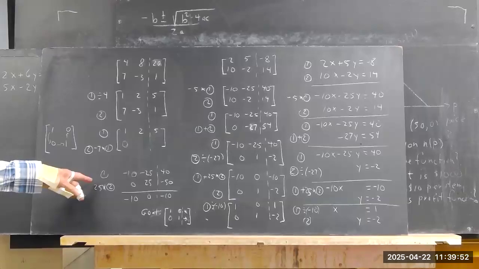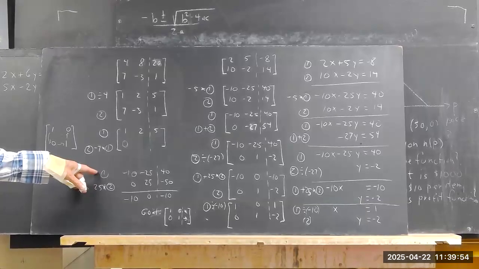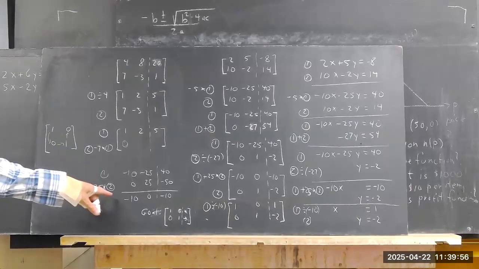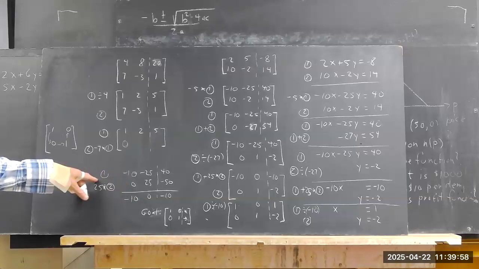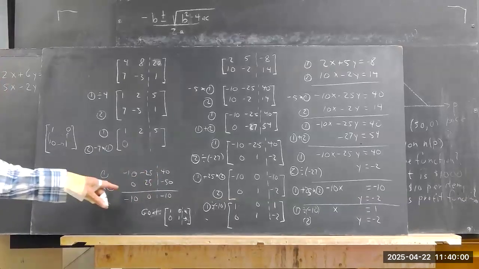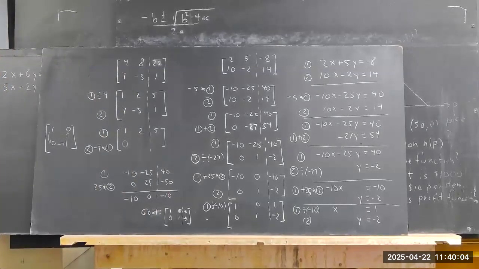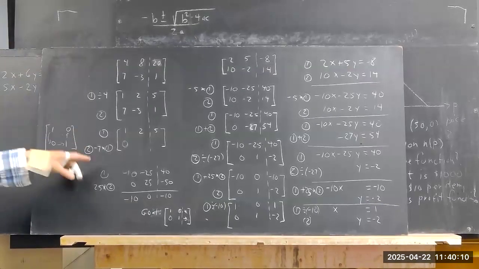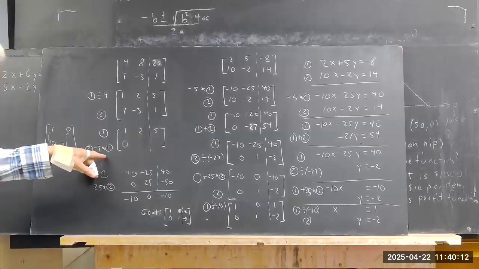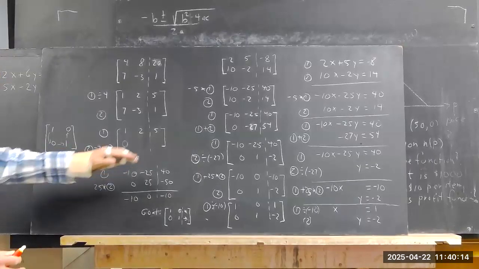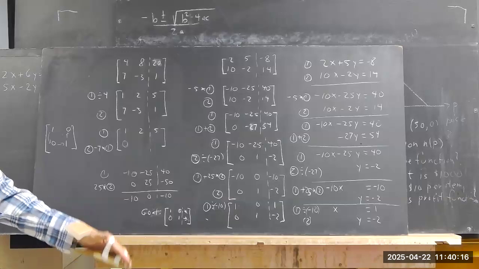Now you see down here how I did row one plus 25 times row two. I just wrote down row one, I wrote 25 times row two, and then I added the two, right? So off to the side someplace, write out how you would do row two minus 7 times row one. Don't write it here. Don't write it below this.